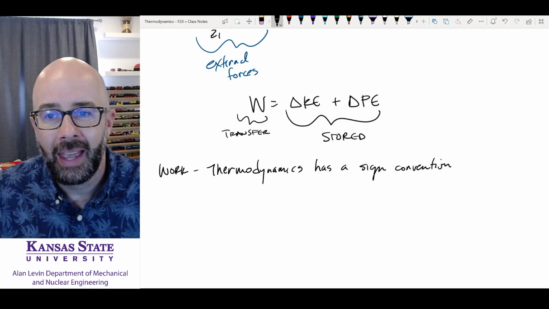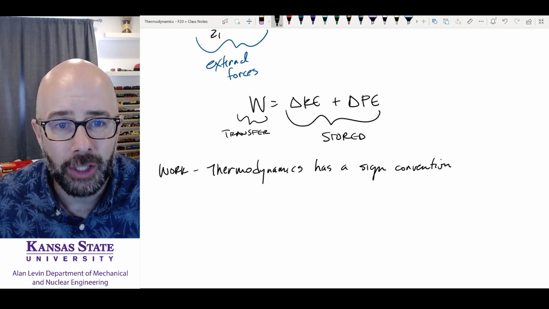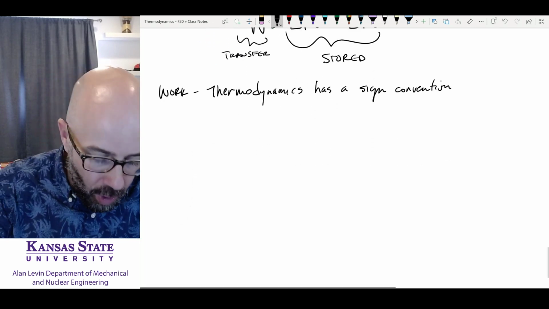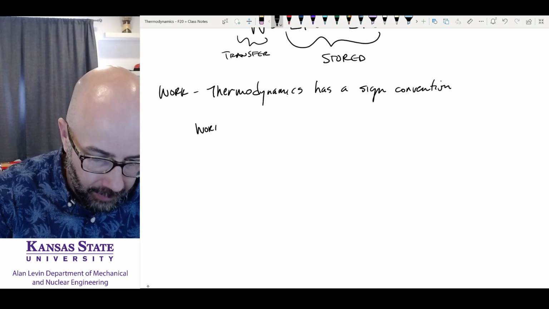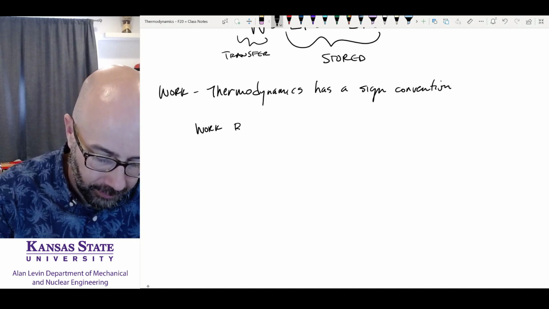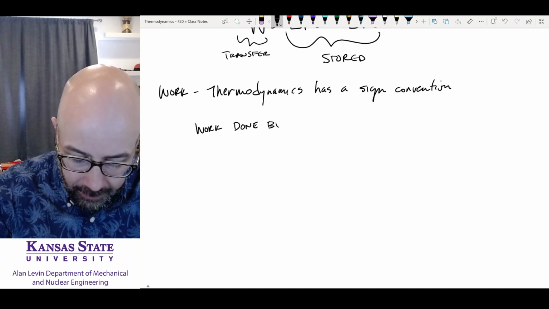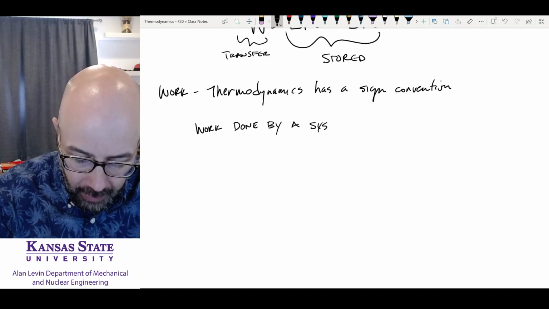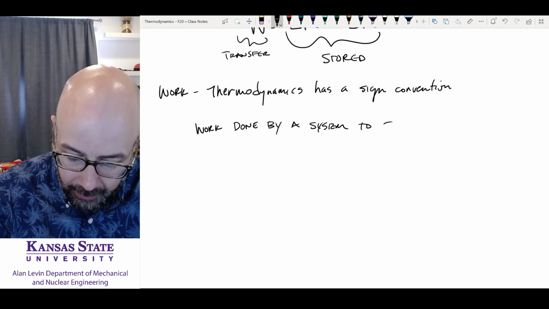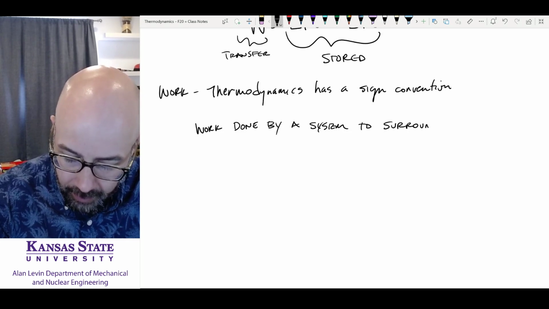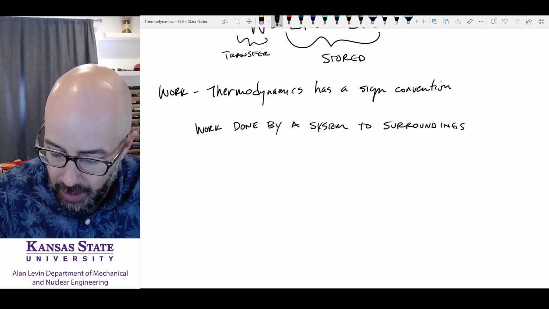Okay, and we have to worry about this sign convention. Work done by a system to the surroundings is going to be considered positive.